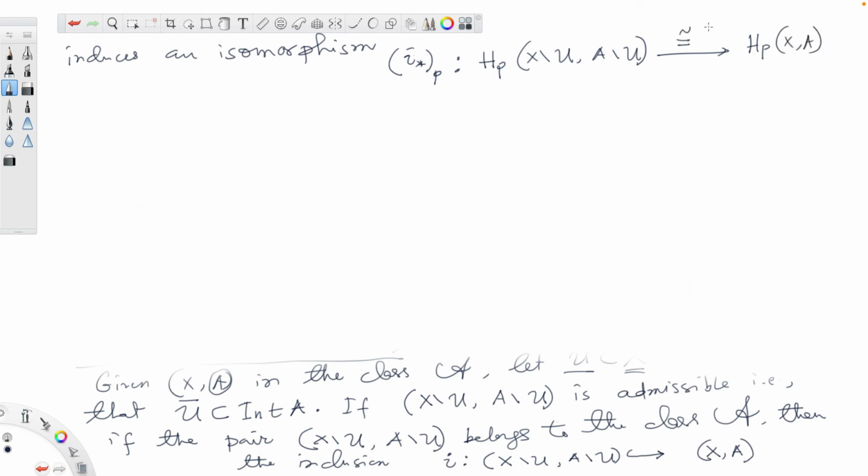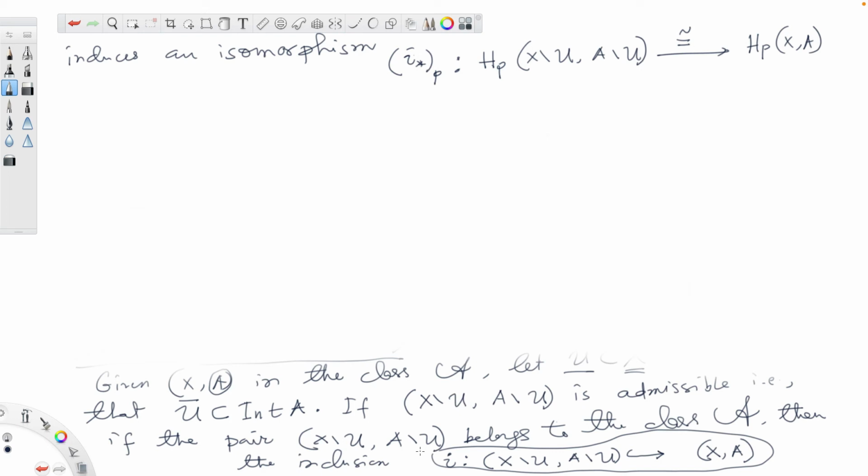It's guaranteed by the excision axiom. All right. So this inclusion will induce this isomorphism. This is the excision axiom. All right.